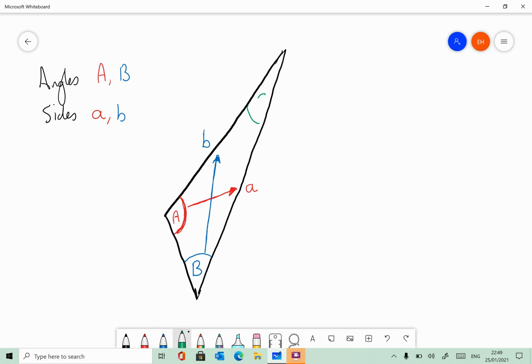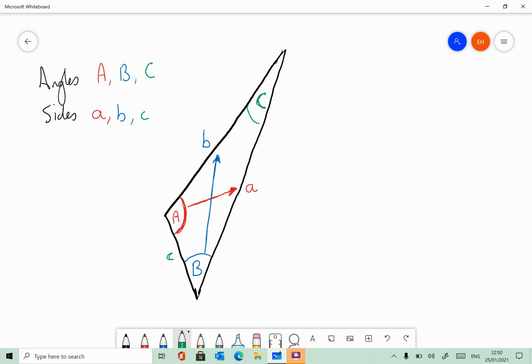This one up here, I'm going to call capital C, and that means the remaining side must be lowercase c. So in our system of naming things in a triangle, angles get capital letters, sides get small letters. The difference between big B and small b is that b is a side, big B is an angle.